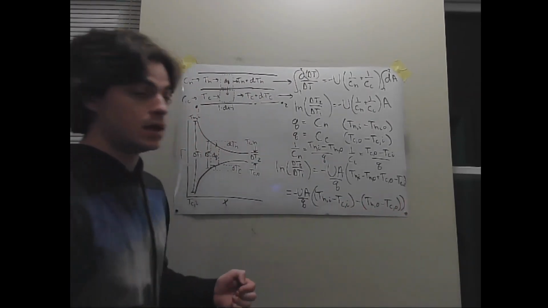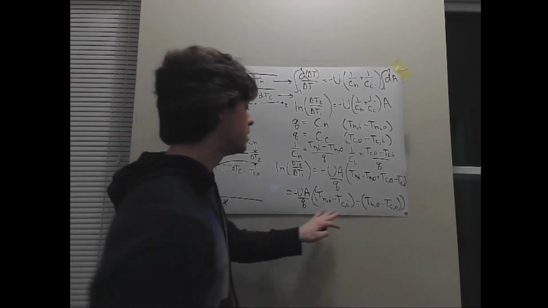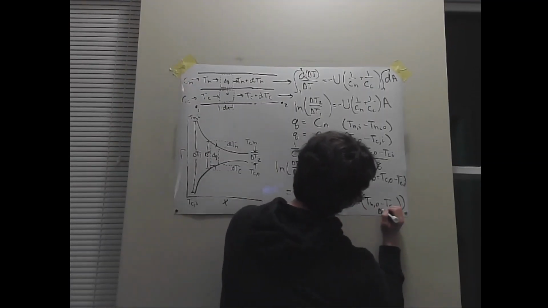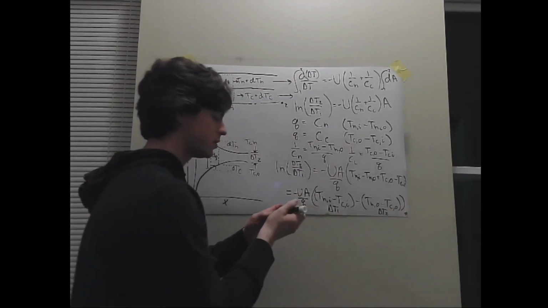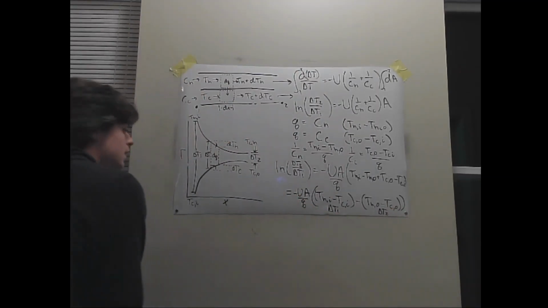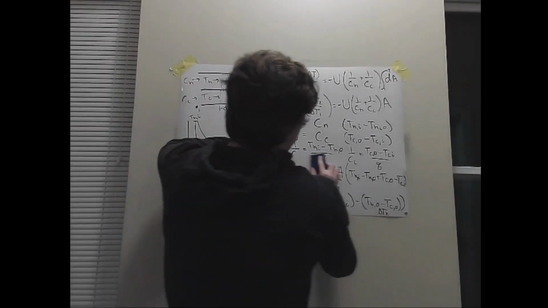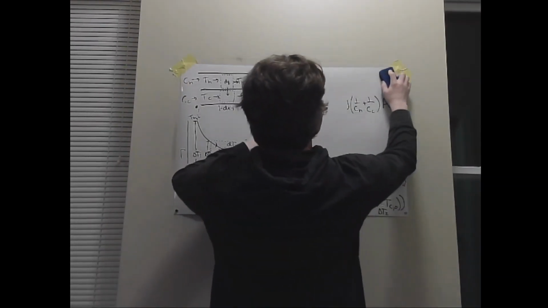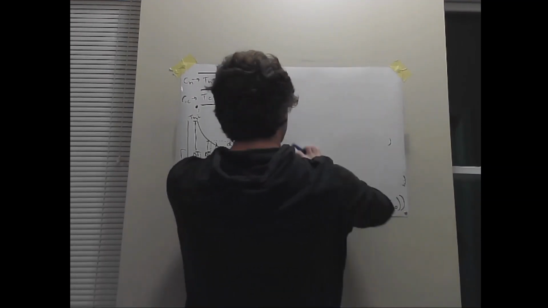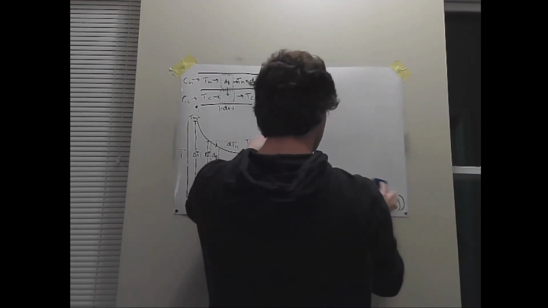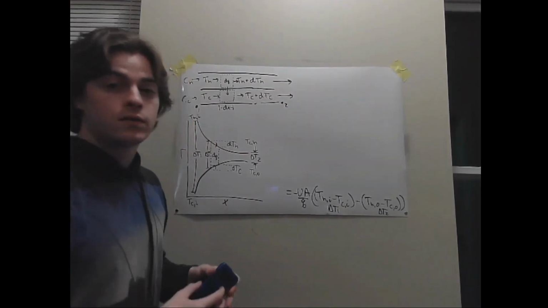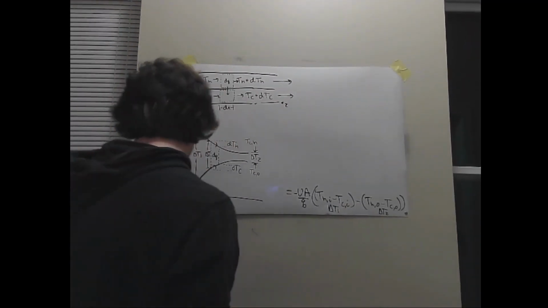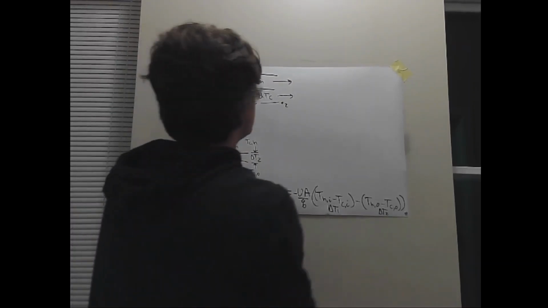And we can now rewrite these two terms as delta T1 and delta T2. So that cleans up our expression quite a bit. So again, I need more room on the whiteboard. From here, we can rewrite this with delta T1 and delta T2, and then we'll be able to solve for Q.